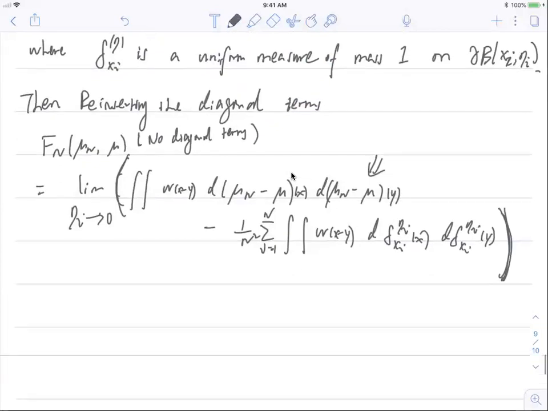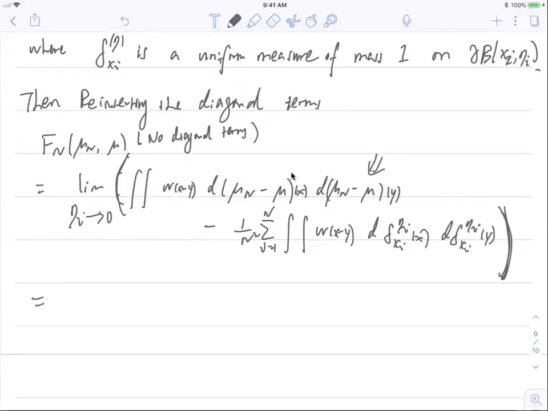Now the first term can be represented, everything is regularized, so we can use the harmonic representation. It becomes Hn eta mu squared, and then the last term can be computed.